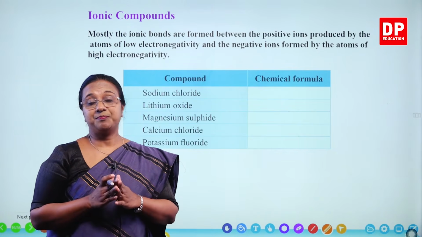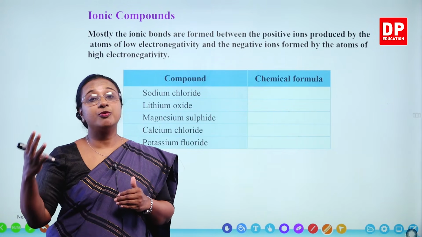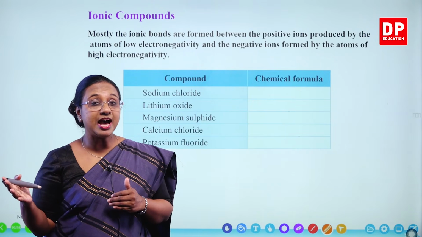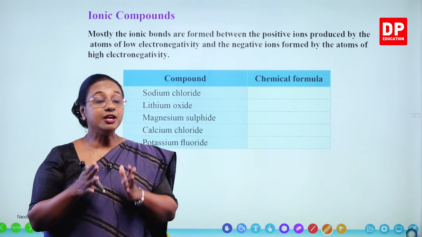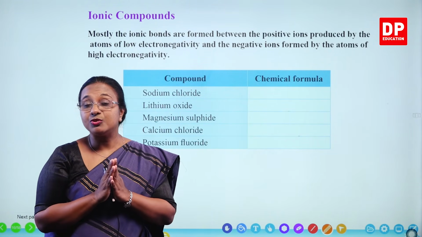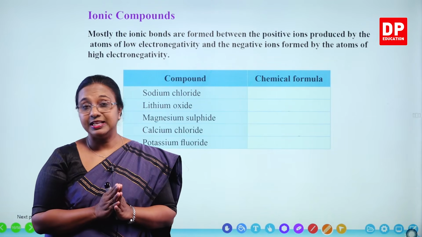At the same time, elements like fluorine and chlorine form fluoride ion and chloride ion, then oxygen forms oxide ion, nitrogen forms nitride ion. So, usually groups 5, 6 and 7. Those are the electronegative non-metals. So, they form negative ions.